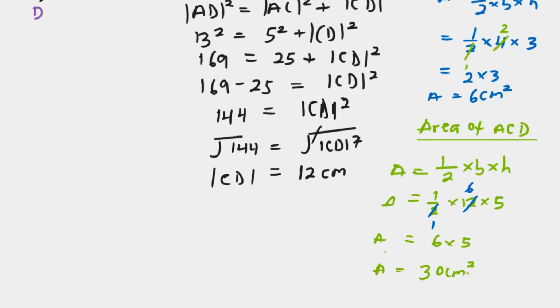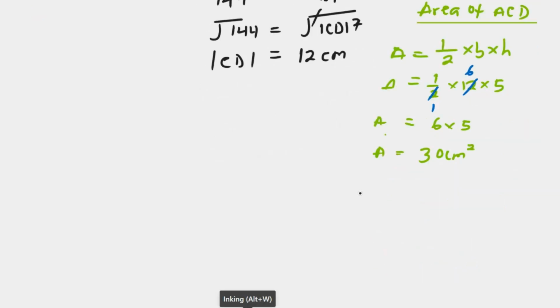Now we have to find the total area. And that's very, very simple. So the total area is equal to area of ACD plus area of ABC.